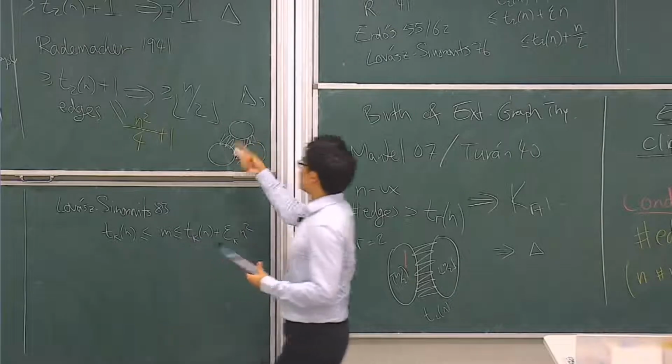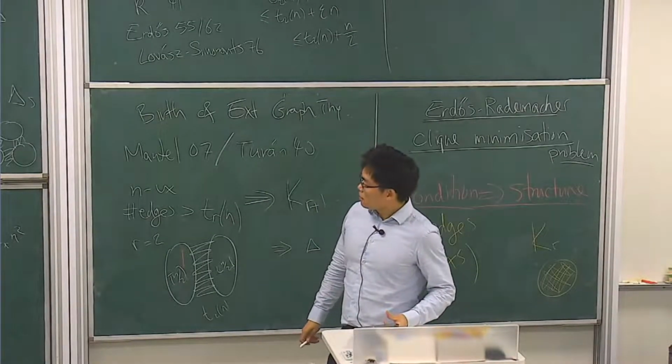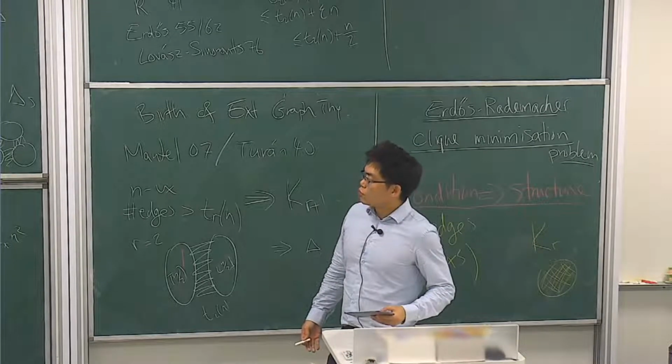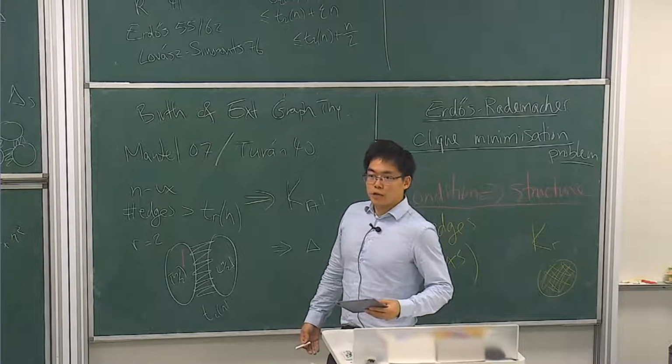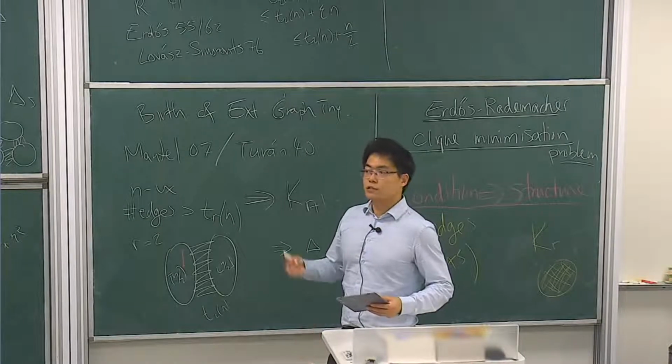If your edges is very close to this particular graph, the Turán graph on 3 parts, then they have a complete picture of how many triangles or fixed size cliques you're supposed to see, and they even characterize the structure.